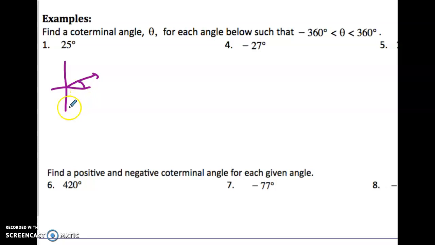So I'm going to look for the negative angle over here. One way to do that is 360 minus 25, and then it's negative. 360 minus 25 is 335 degrees, negative. Negative 335 degrees is the same thing as positive 25 degrees. Those are coterminal angles.